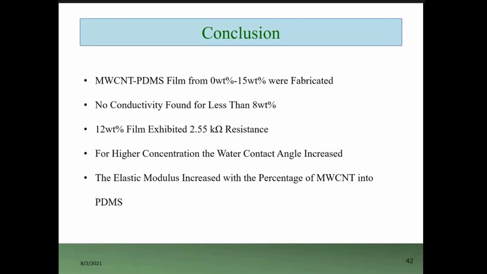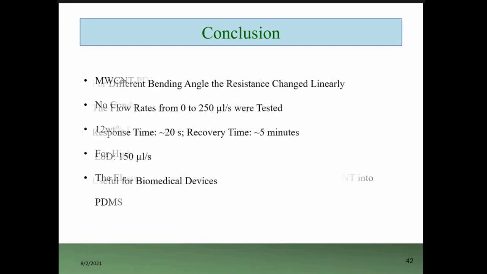And for higher concentration, the water contact angle increased. That means the film was becoming hydrophobic, which is good for my sensor. Another thing I can say is that the elastic modulus was increasing for higher concentrations of carbon nanotube in the MWCNT PDMS film. In the electromechanical characterization, for different bending angles, the change in resistance was quite linear.